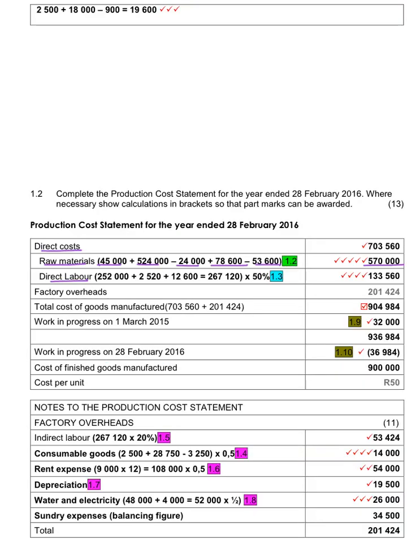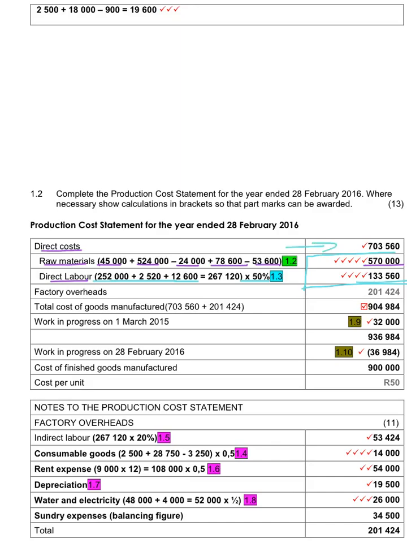In the production cost statement, we will add the direct wages, gross salary, plus the contributions, and then 50% of the total amount will be the direct labor. Then I will add up my direct labor and direct raw materials to get the total direct costs.